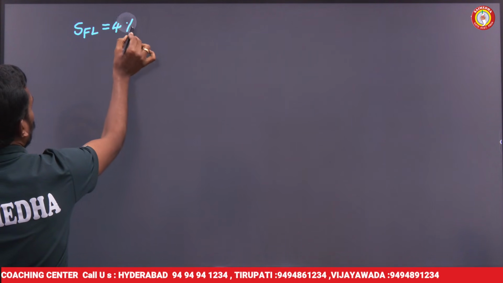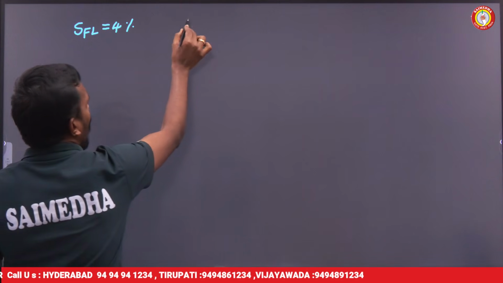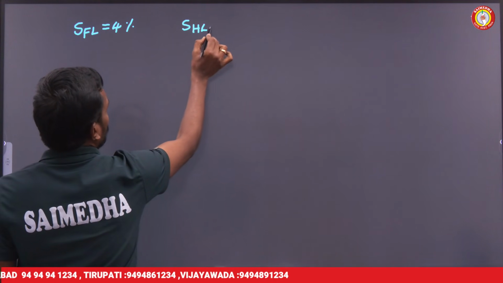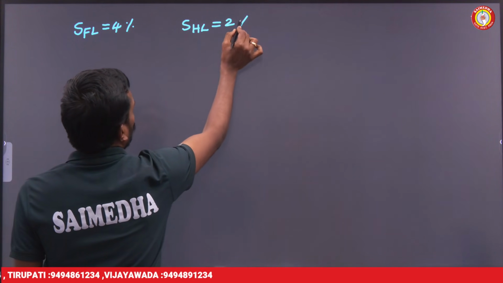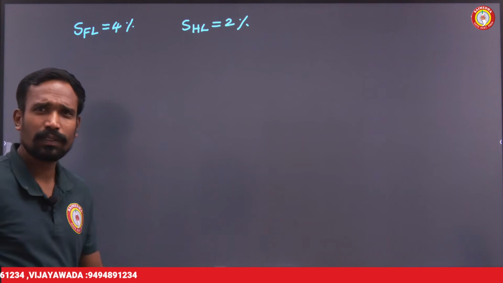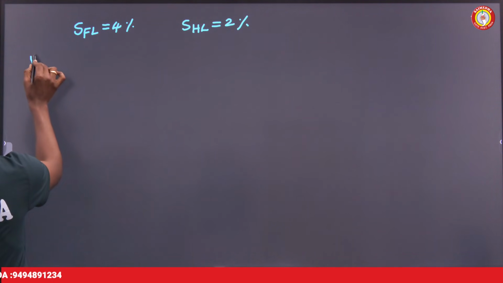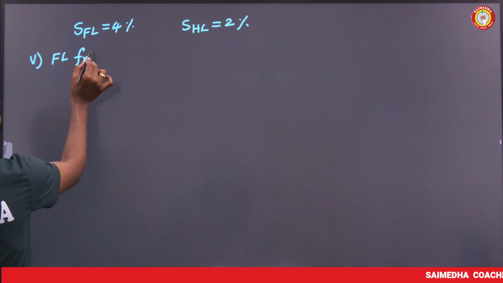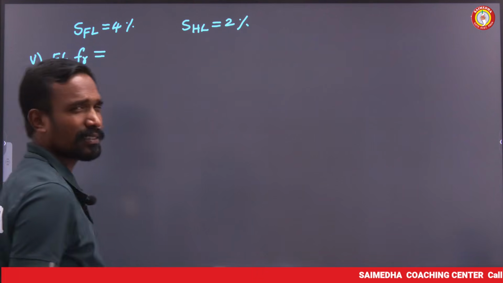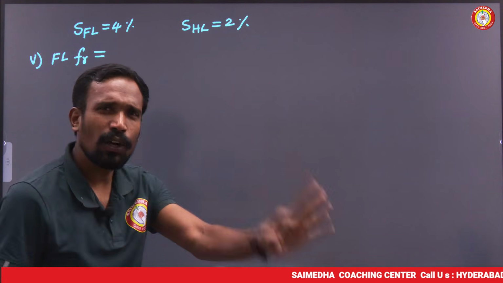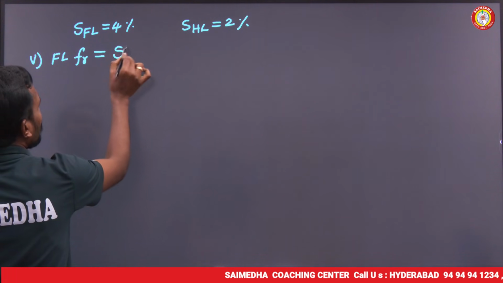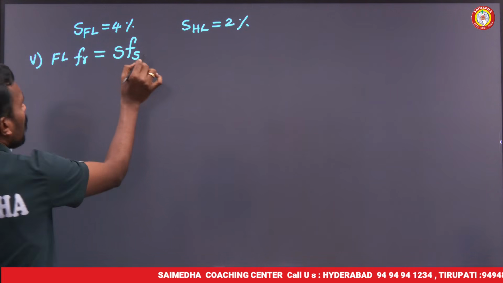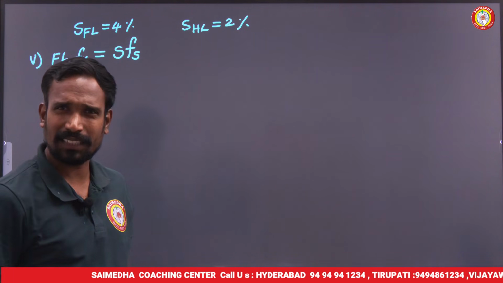Next. The given full load slip is 4%. Yes or no? Half load slip is 2%. Now they will ask you, what is the full load rotor frequency? Very simple. The rotor frequency formula is S into Fs, slip times the supply frequency.